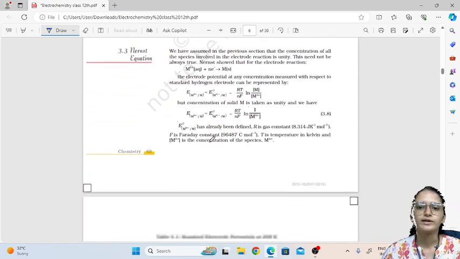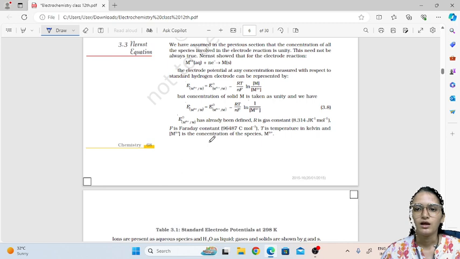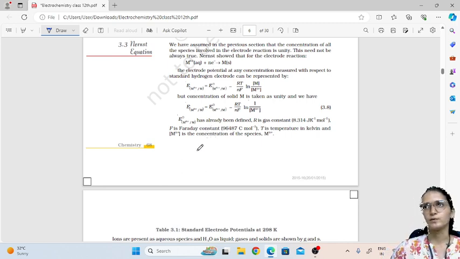Next, very important here is the Nernst equation. Okay, the Nernst equation involves calculating the EMF of the cell. So we have assumed that M n plus is a metallic ion. When it gains electron, it forms metal, right?